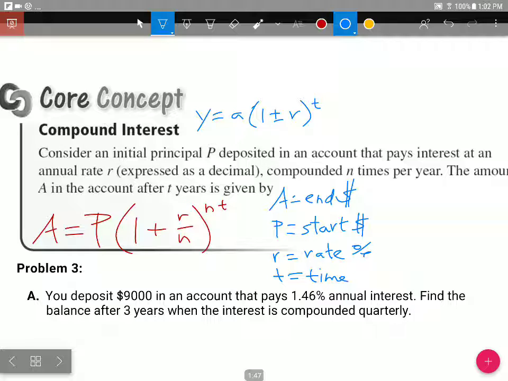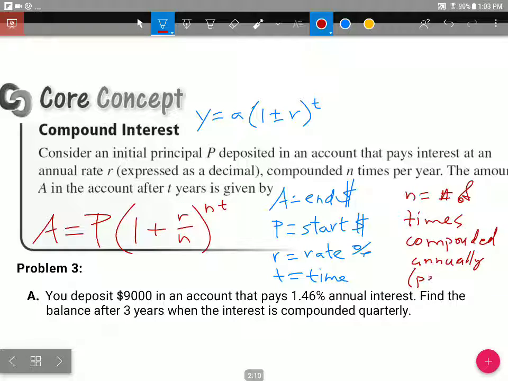N is the only new one. N equals the number of times compounded annually. A-N-N-U-A-L-L-Y. Annual is just another word for per year, if you're not used to that term. But basically, the number of times compounded per year.